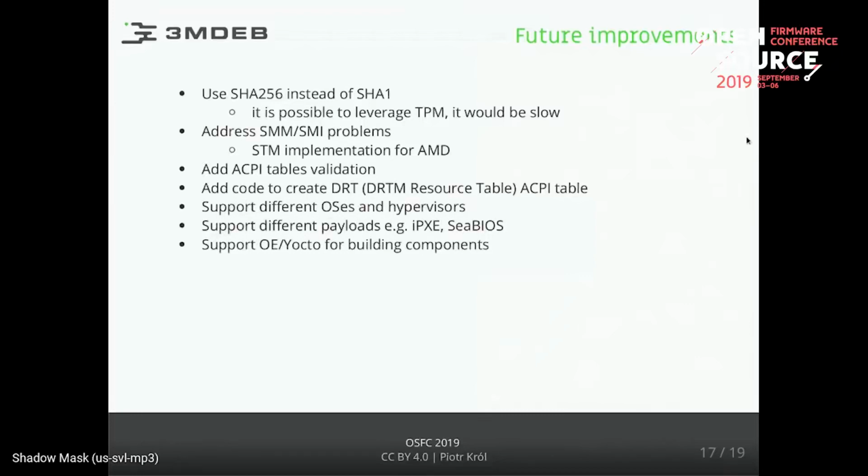There should be consideration about supporting different OSes and hypervisors. I hope to have a presentation at Platform Security Summit 2019 where we will show Xen running, but I don't know if this will succeed. I do not have too much time for that. There is also the idea to have iPXE and coreboot working with DRTM. iPXE would be very cool, since in that way, for example, we can attest if things booted from a server are correct.